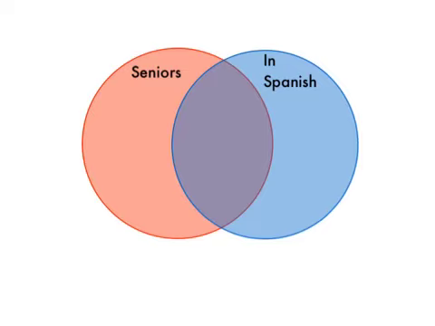This red section here, the red circle in its entirety represents all seniors. However, the red section alone only represents the seniors that are not in Spanish.